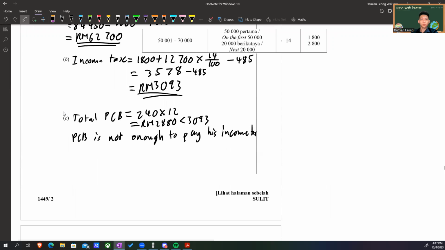There is still a balance of, so from here to here is 213 ringgit that he has to pay.